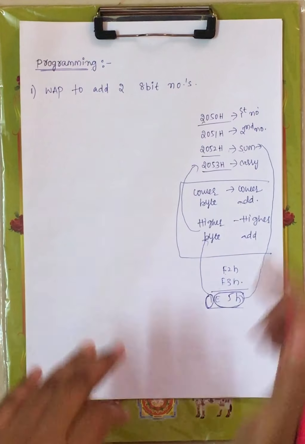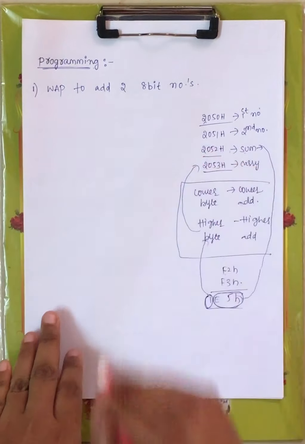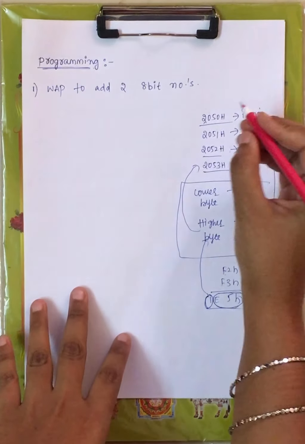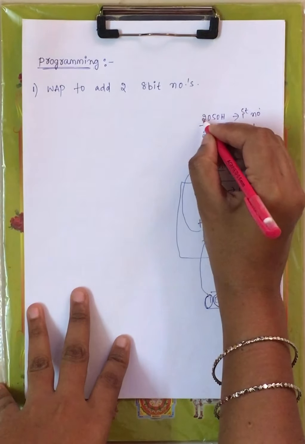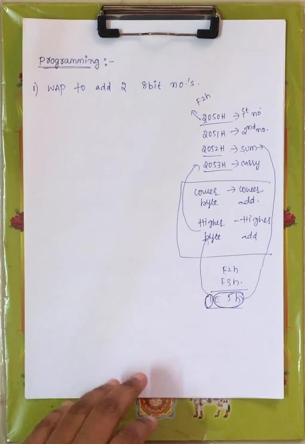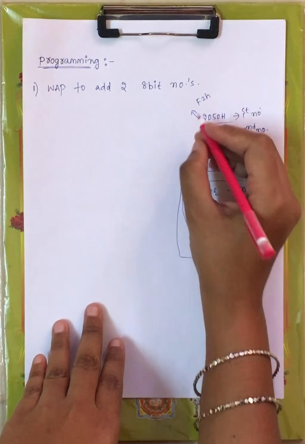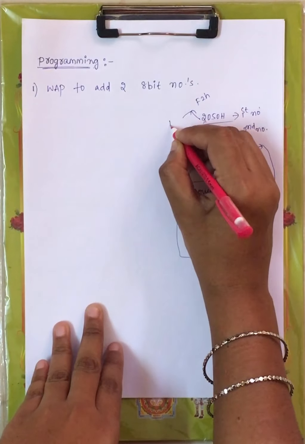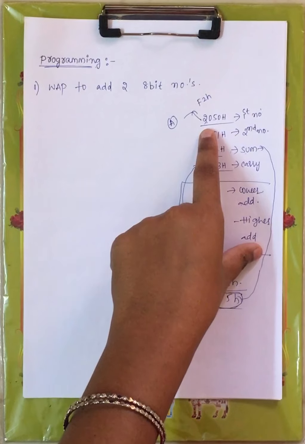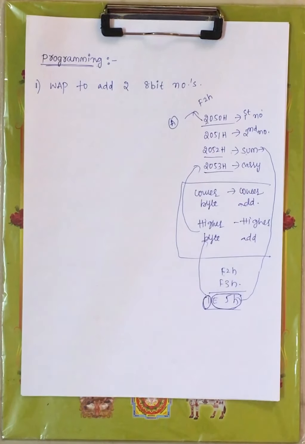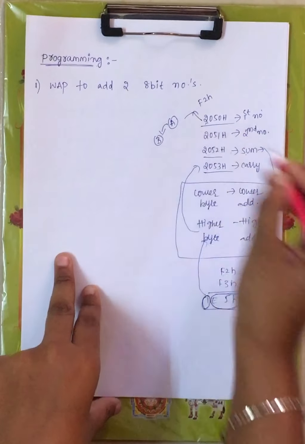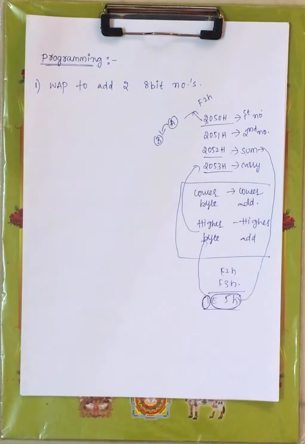Now let us write a program. 2050H is the memory location. Let us assume in this memory location I am storing data F2H. Initially this has to be loaded into the A register. The first number that is stored under 2050H has to be loaded into the A register. Later that has to be moved into the B register, because we have to free the contents of the A register.